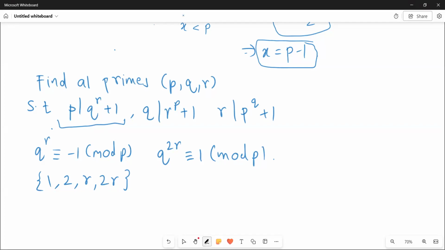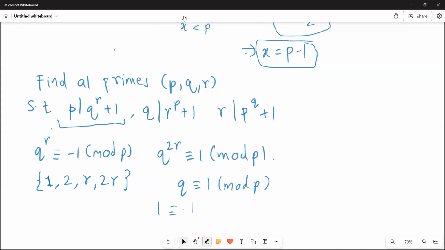So there are a few cases, I think. If the order was 1, then that would imply q is congruent to 1 mod p. And q to the power r is congruent to minus 1 mod p. That means 1 is congruent to minus 1 mod p.